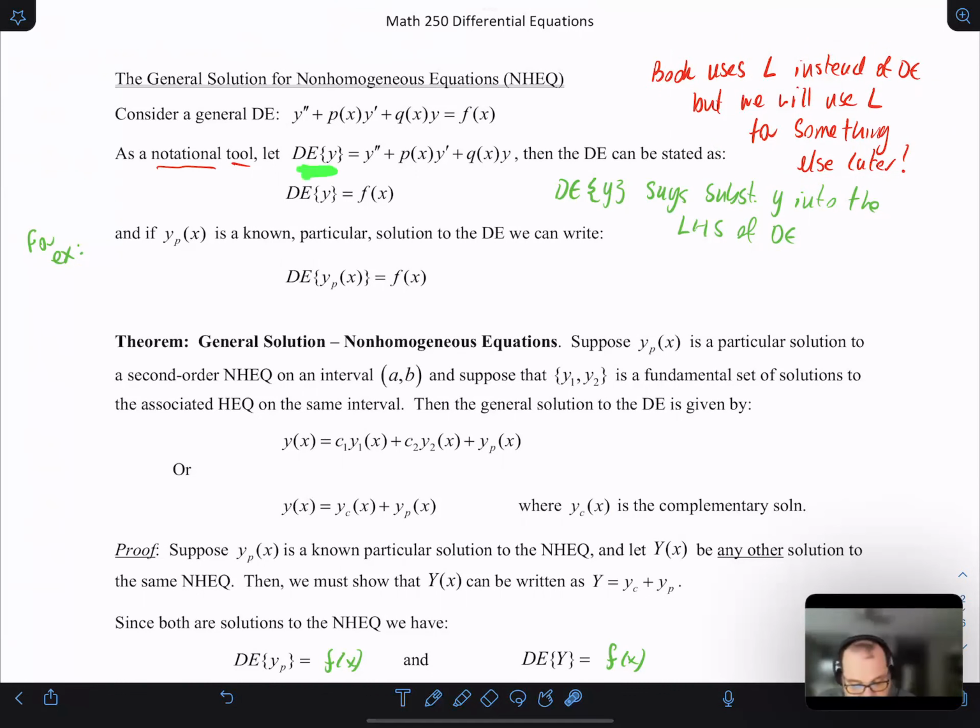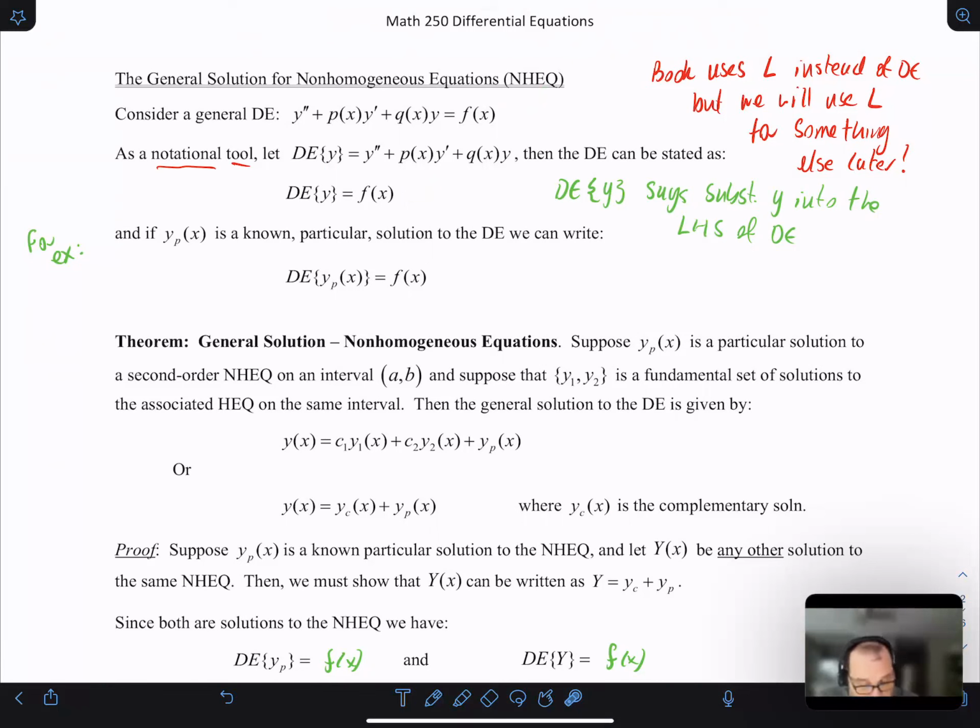Read this as simply saying the left-hand side of the DE. This says plug the function y into the left-hand side of the DE. That's all this is meant to notate. By writing it this way, we can save ourselves a bunch of writing. So we can say things like this: it is basically an abbreviated version of the DE. DE acting on y equals f of x. That is what this says.